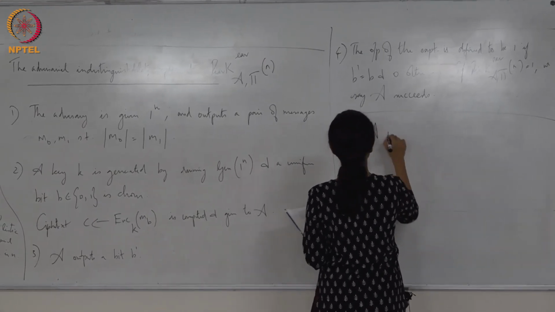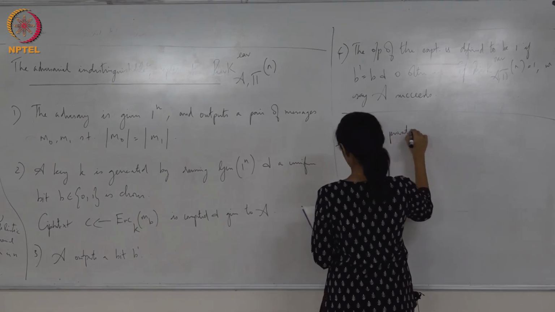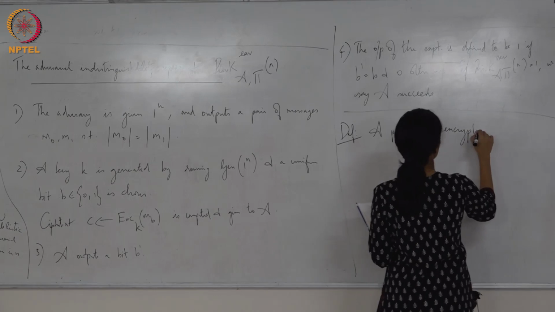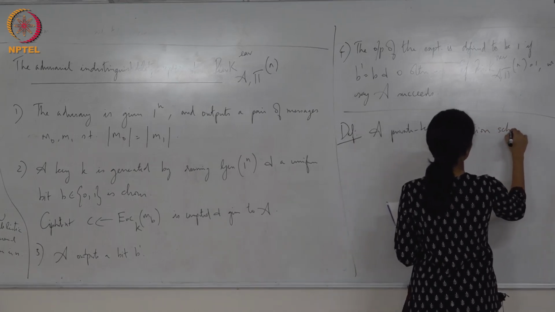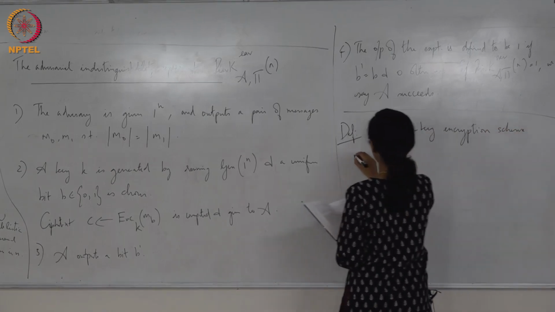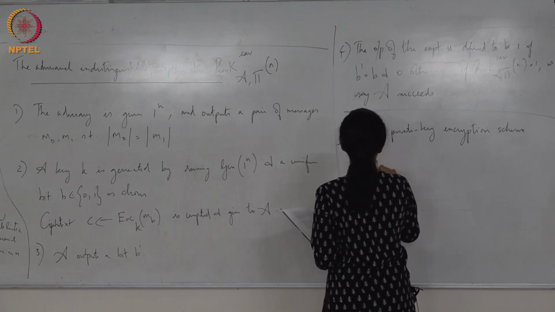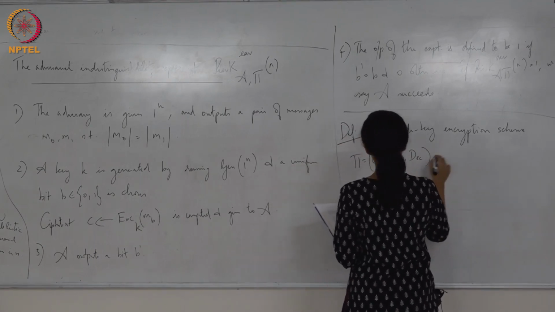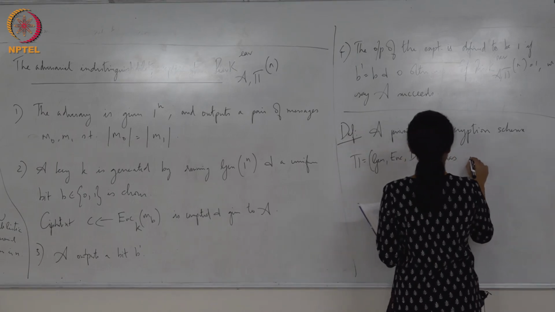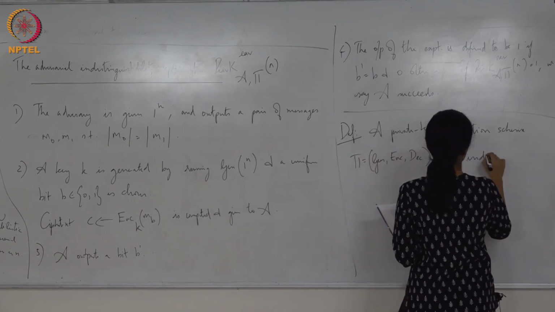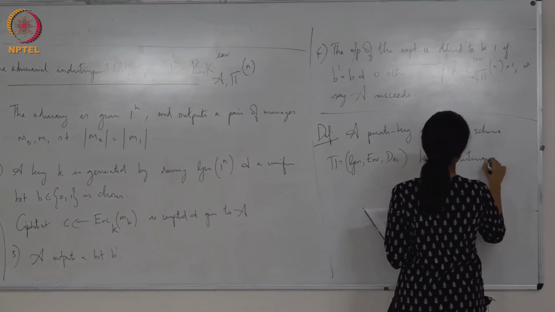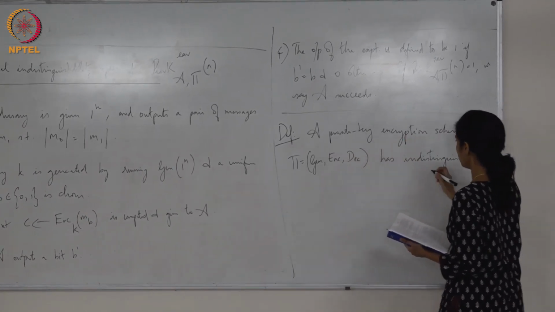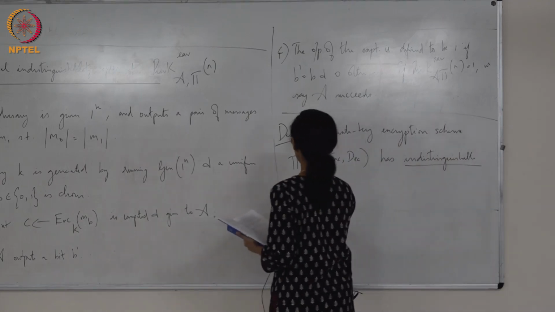Okay, so a private key encryption scheme pi consisting of gen, enc and dec has indistinguishable encryptions, so this is the name of the security definition in this context.